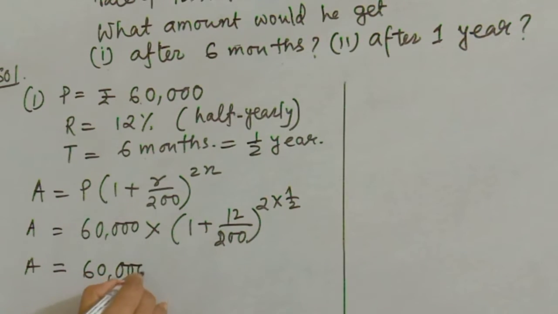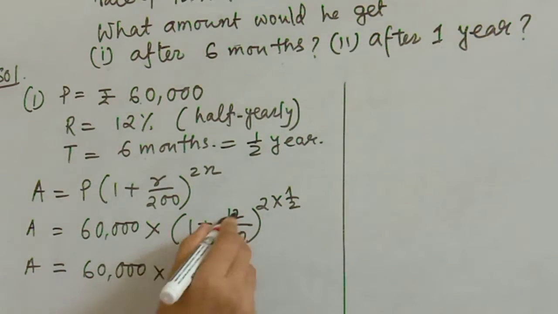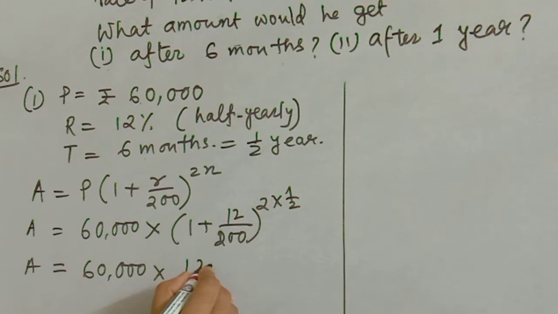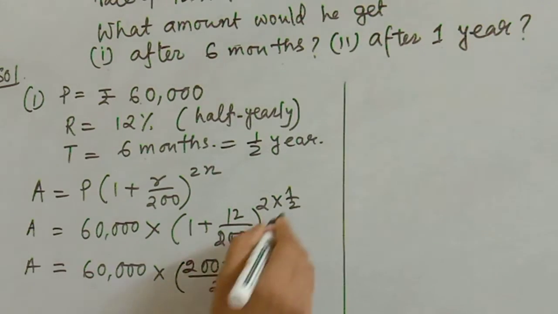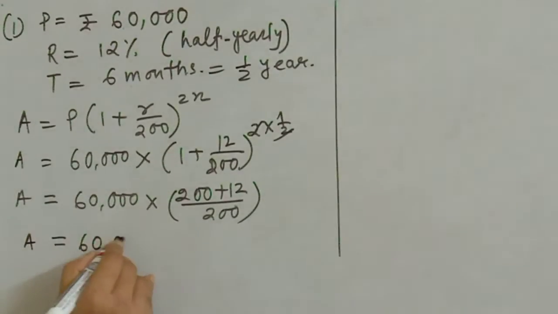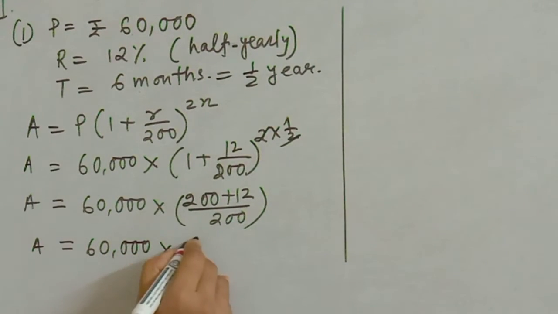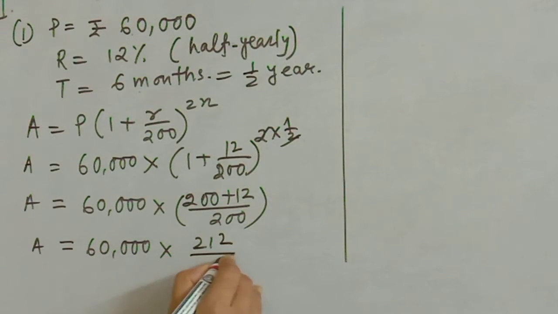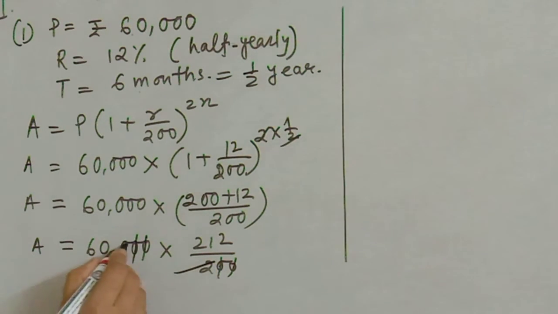60,000 into 200 plus 12 by 200. Can I write 200 plus 12 in this way? And see, these 2 and these 2 will be cancelled, so it is only 1. No need to give the power now. 60,000 into 212 by 200, cancel it.